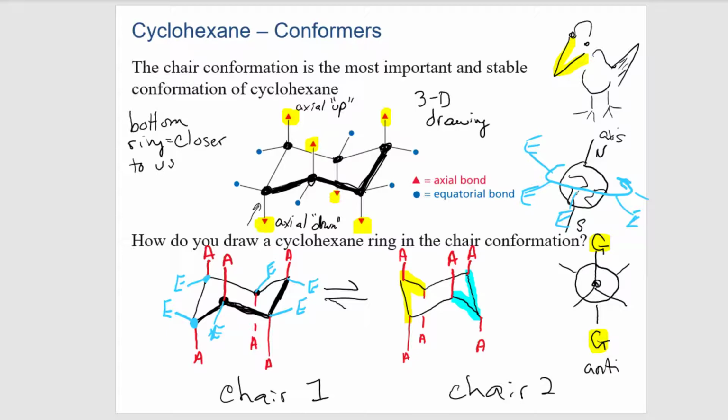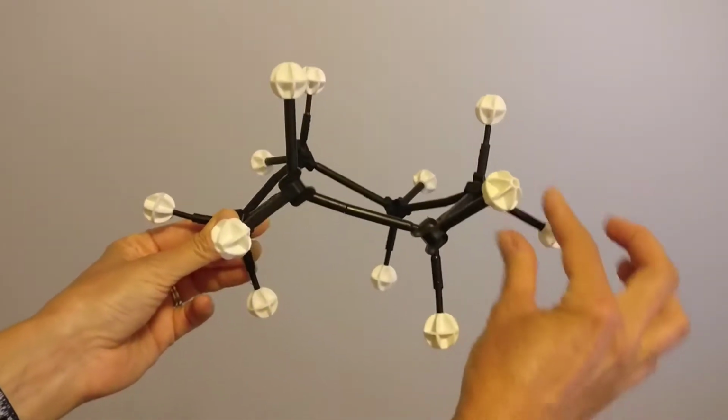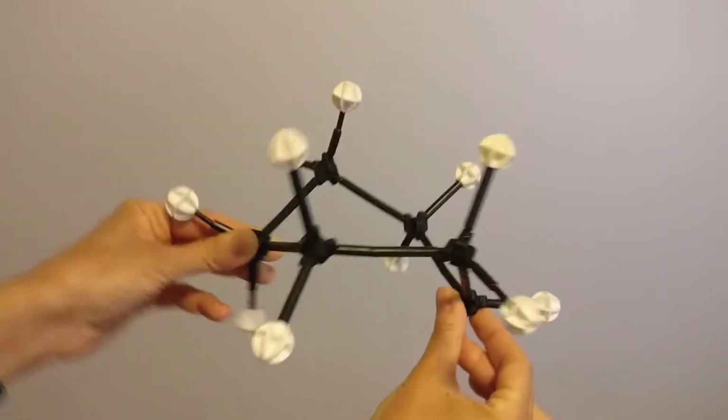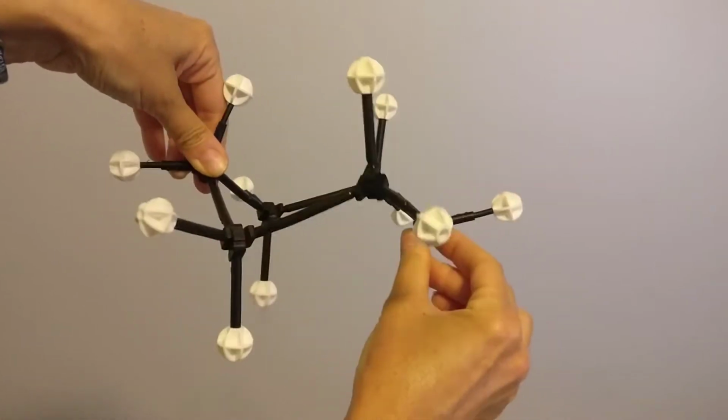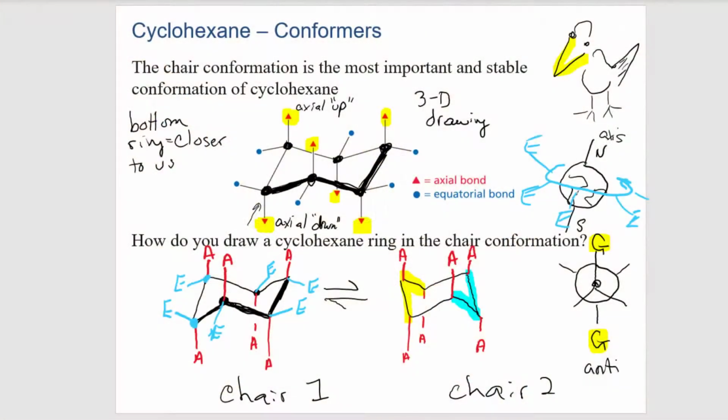Okay, and so these can, just by bending and rotating, convert from one chair conformation to the other chair conformation, and they're in equilibrium. Sometimes, though, the energy between them is different, and one chair may be preferred over another.